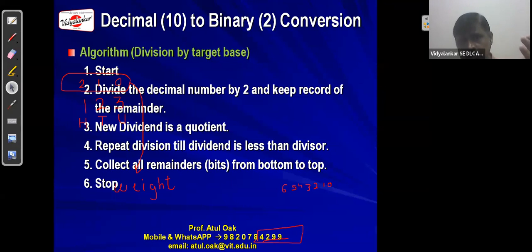So point 3, you are writing the algorithm. Okay, we can move.